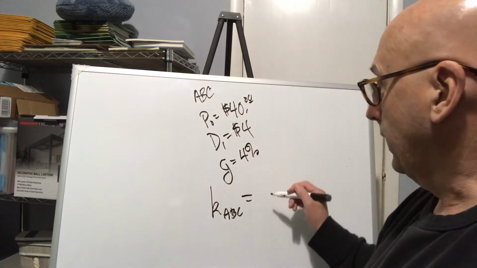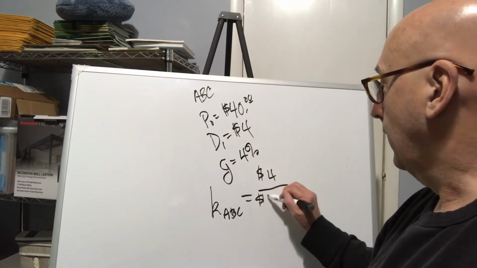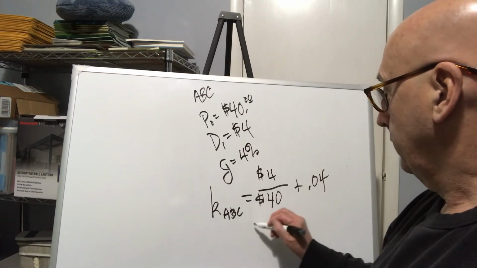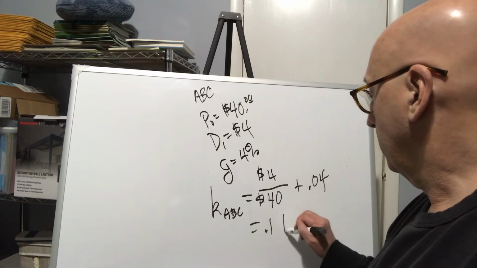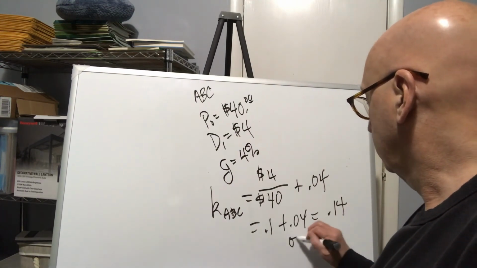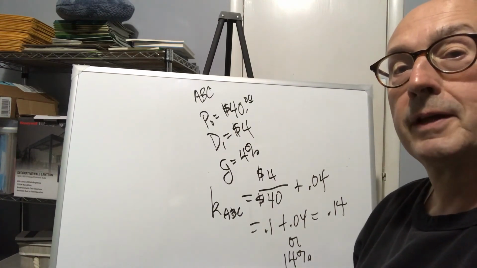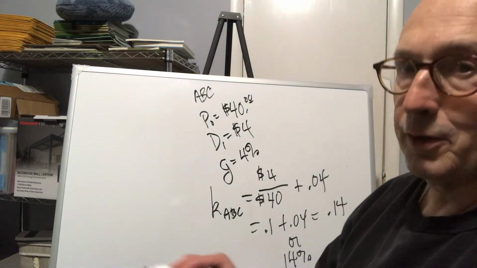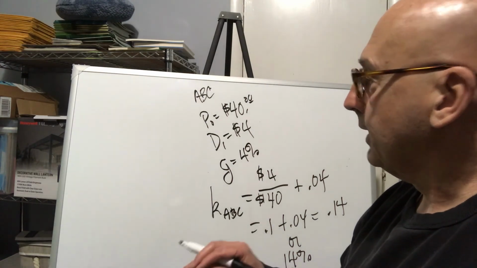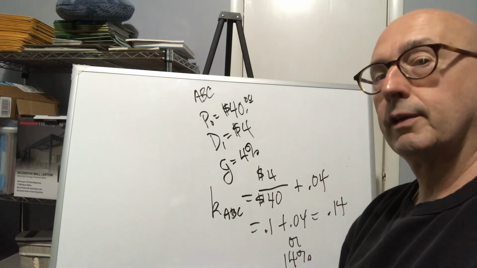Well, given this information, it would be the $4 divided by the $40 plus 0.04. So that's 0.1 plus 0.04 is 0.14 or 14%. Okay? So it's not really all that difficult to do these problems, I think you'll see. It's just recognizing what information you've been given and then what it is that you're looking for.